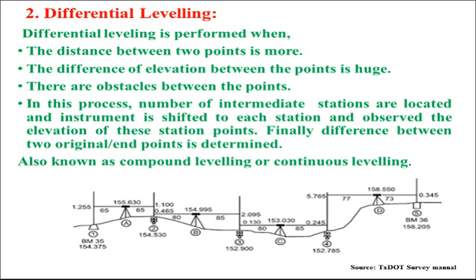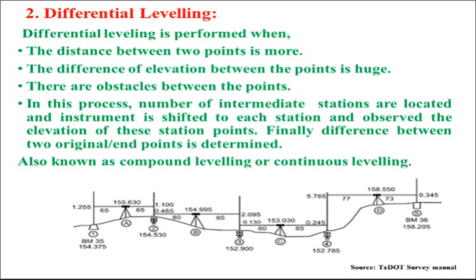In this process, a number of intermediate station points are located, the instrument is shifted to each station, and the elevation of these station points is observed. Finally, the difference between the two original endpoints is determined. This is also known as compound leveling or continuous leveling.